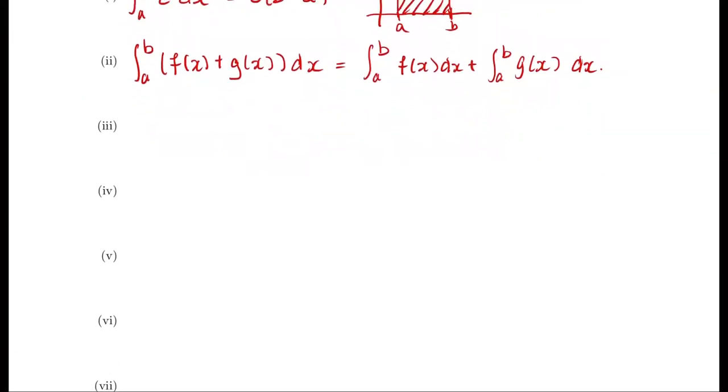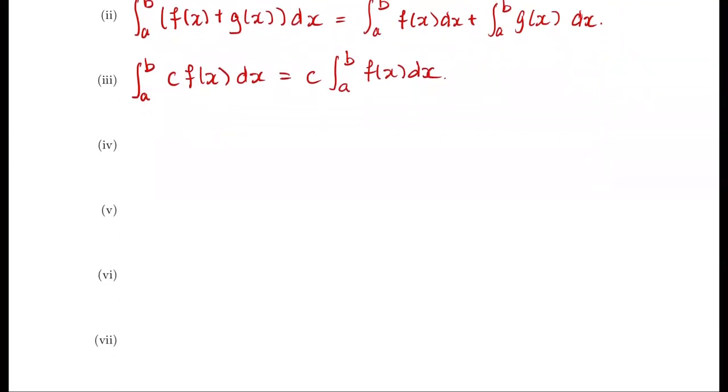All right. The third property we would have a look at is that if we have the integral from a to b of a constant multiplied by the function f of x dx, then this is also the same as saying c, the constant, times the integral from a to b of f of x dx. Okay.